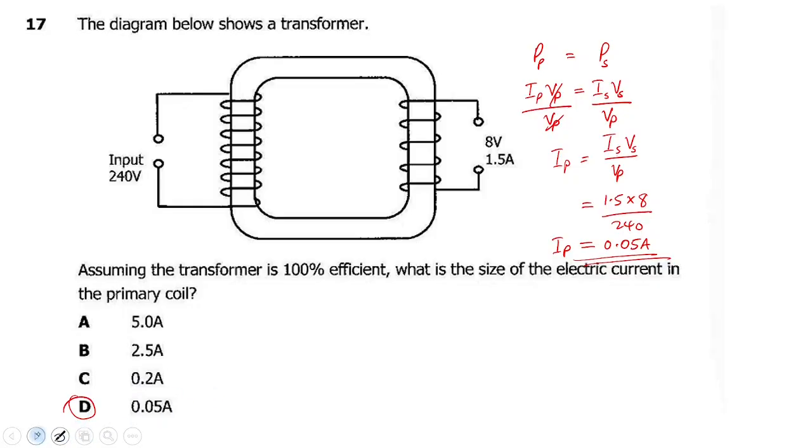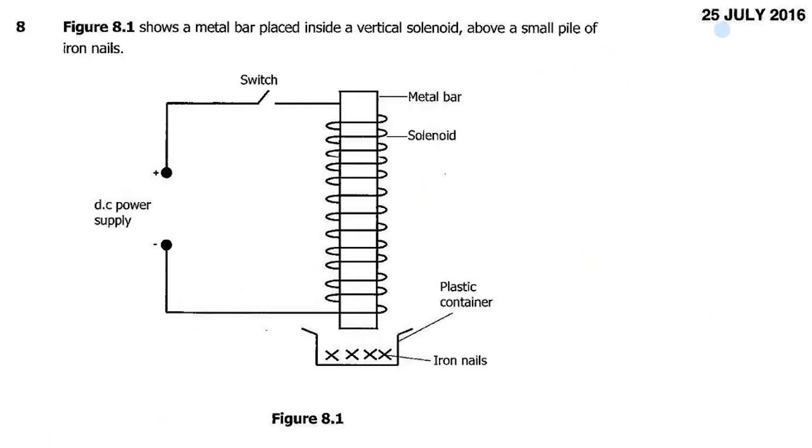Then we will move here, 25th July 2016. Figure 8.1 shows a metal bar placed inside a vertical solenoid above a small pile of iron nails. So what we are seeing is a metal bar inside a vertical solenoid.